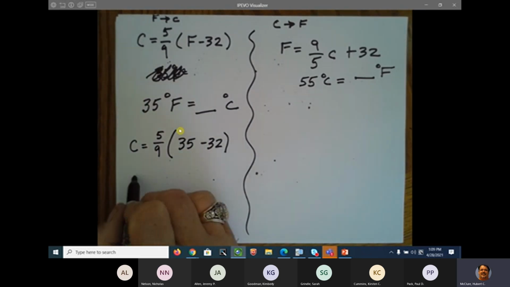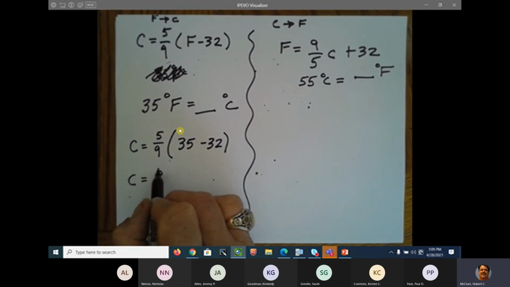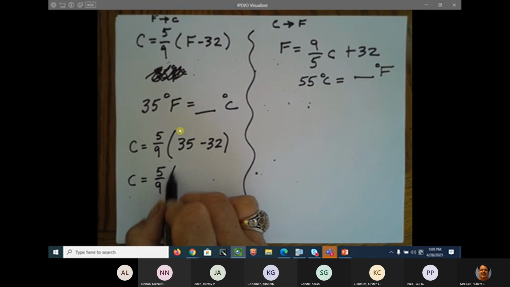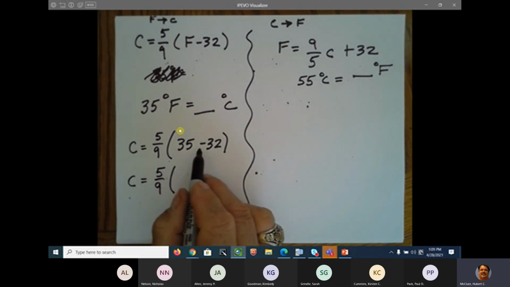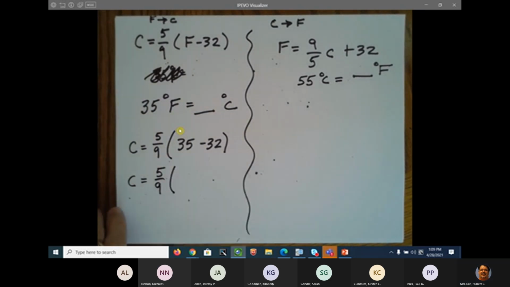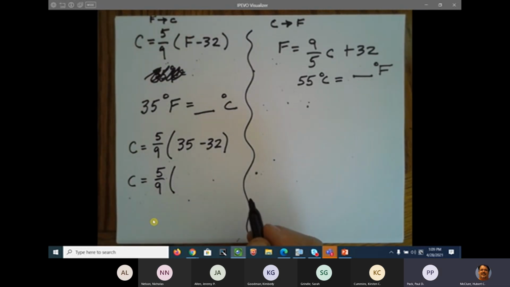That's going to give you C is equal to 5/9 multiplied by, what's 35 minus 32? 3.